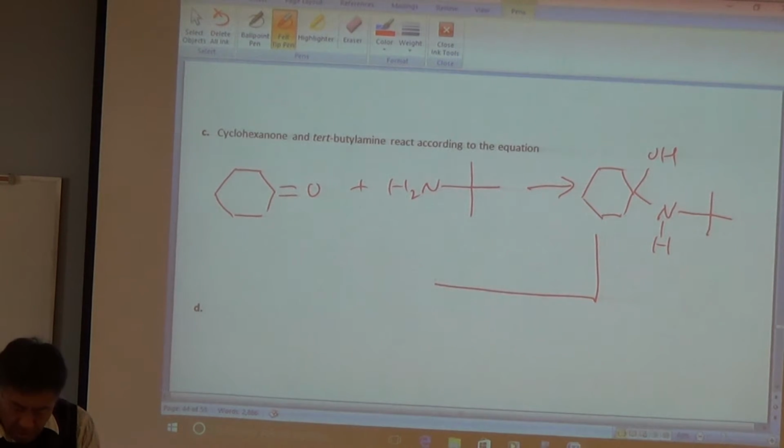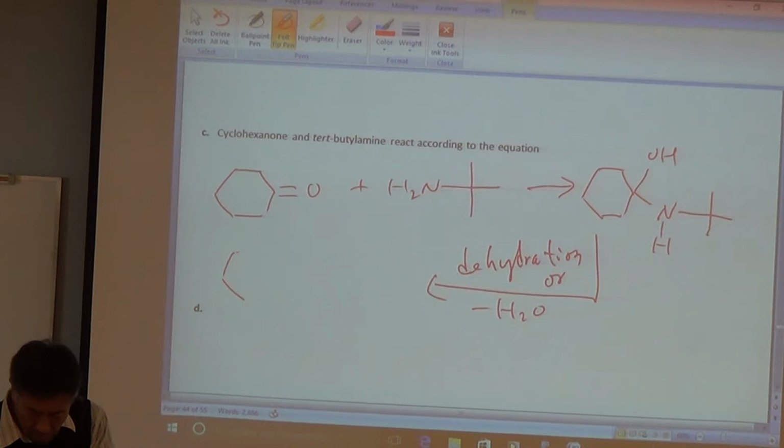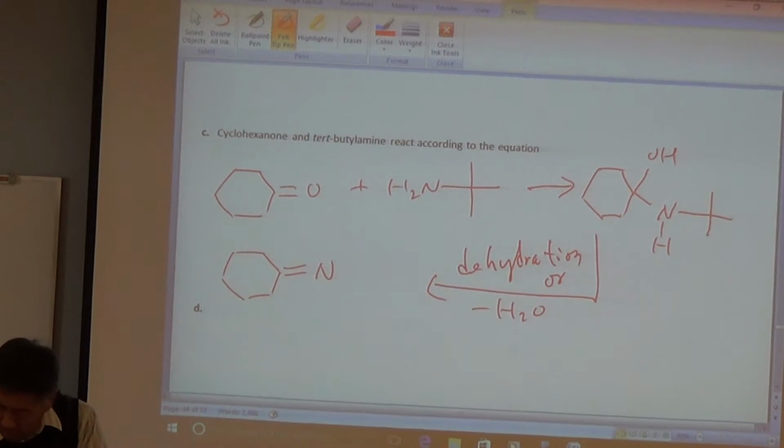Now this, let's see, dehydration, always just see minus H2O. It produces a structure like this.